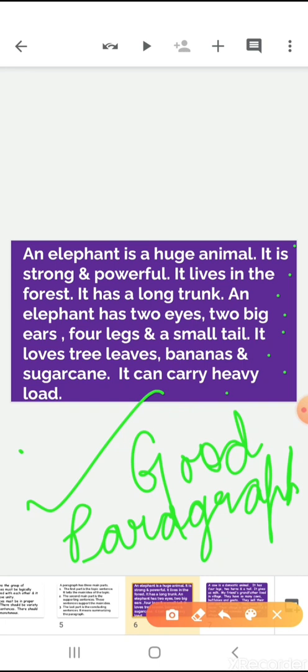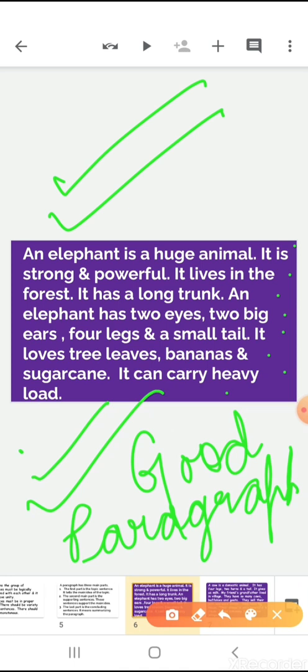Secondly, we need supporting sentences. Thirdly, we need concluding sentences. And all these three are included here. Right?